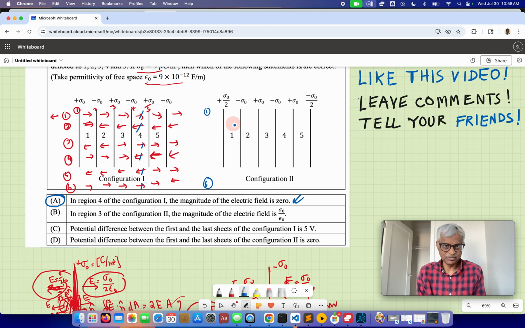Let's put these guys over here with a dot. Same thing, but dot, dot, dot, dot, dot. This guy's dot will mean half as much. So this blue and the red combination is for configuration number 2.